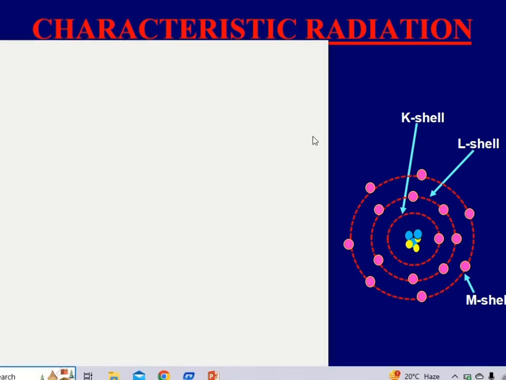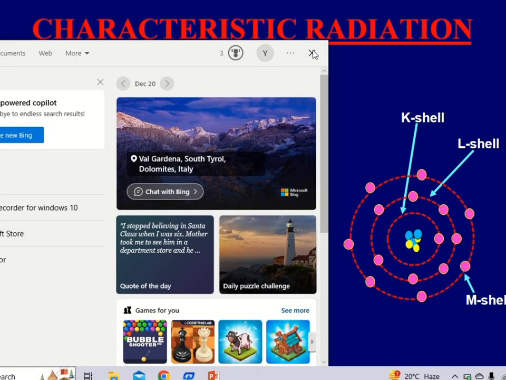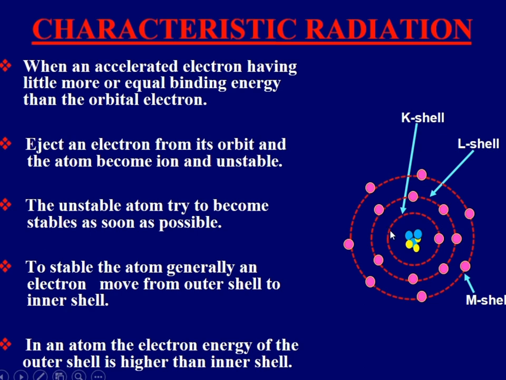Now some instability has been created, a hole has been created. So what will happen? An outer shell electron will try to fill this vacancy. When it does, there is a transition from a higher level to a lower level.